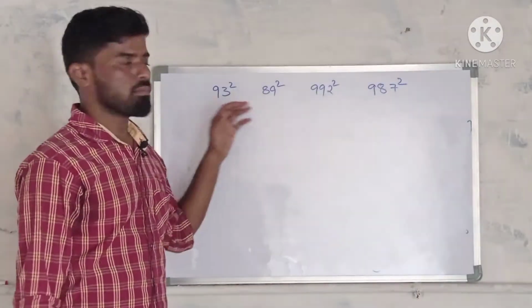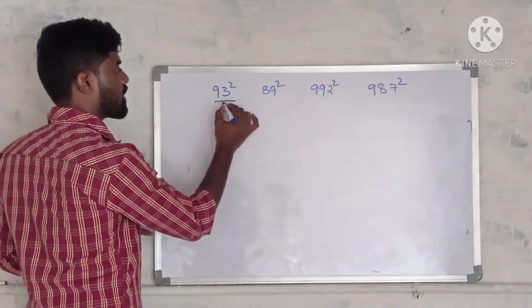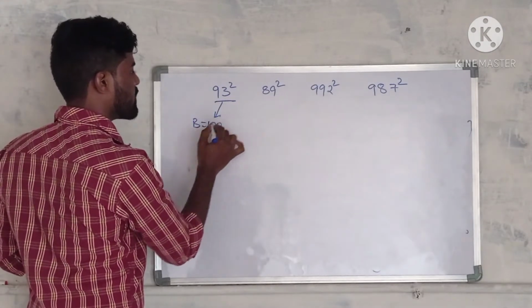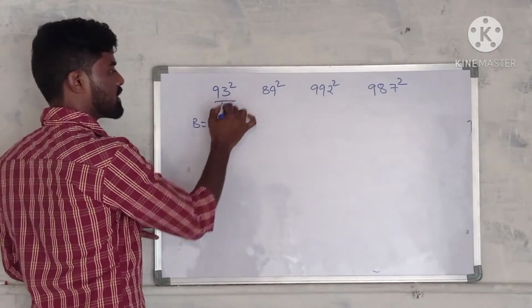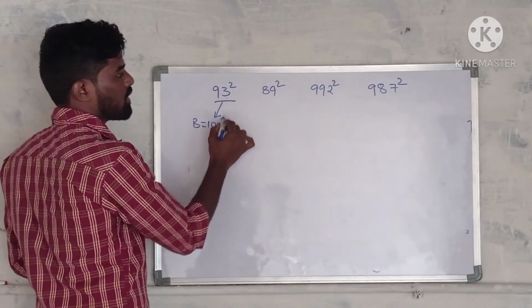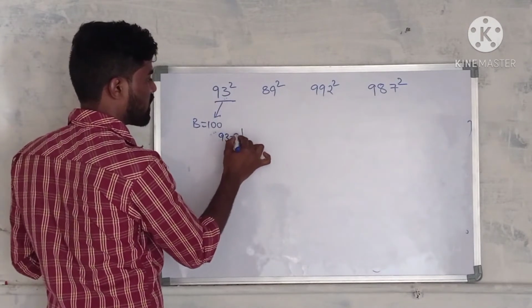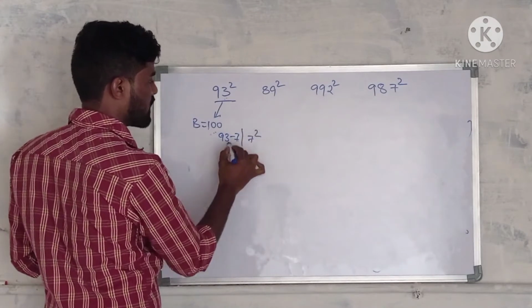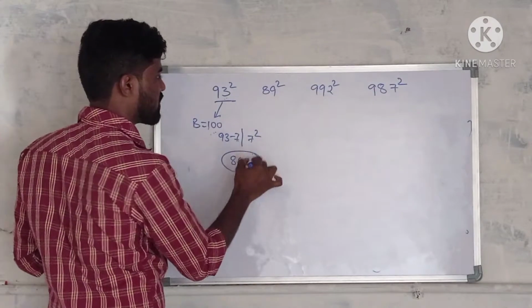Now we will solve some examples using the base method of squaring. 93 square is near to base 100. 93 is 7 less than 100, so LHS becomes 93 minus 7. RHS is the square of the deficiency, 7 square. It will become 86, 49. That is 93 square.